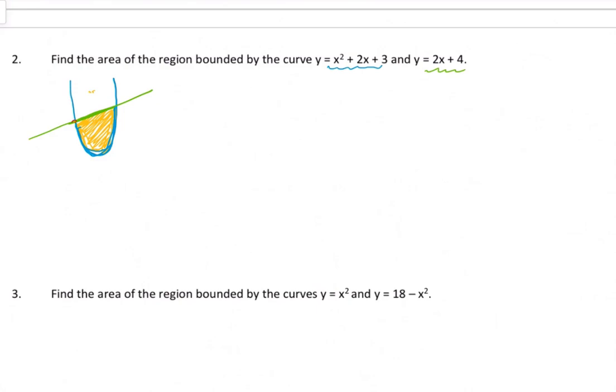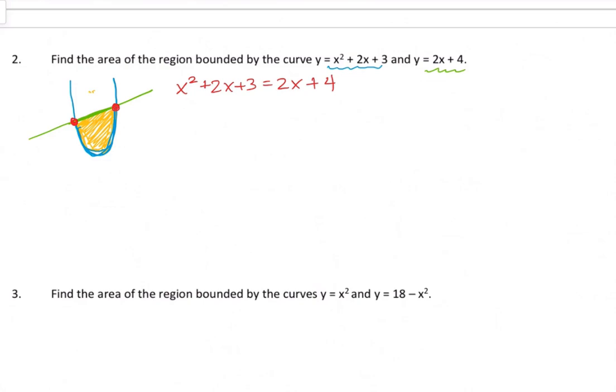So the next step is to find the limits of integration. So that means finding where these two functions intersect. So to do that, I'm going to set the two functions equal to each other and solve for x. So again, I have a quadratic equation that I want to get set equal to 0.